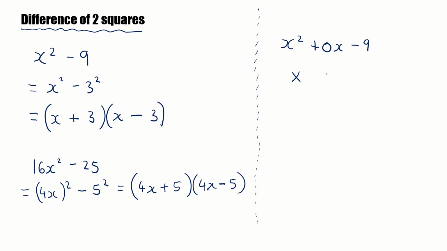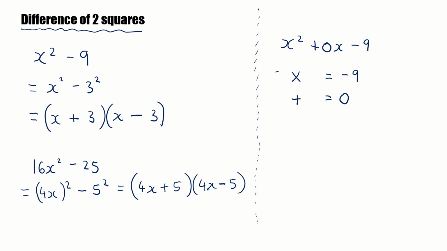You're looking for two numbers that multiply together to make minus 9. You're looking for two numbers that add together to make 0. Now, if you're looking for two numbers to add together to make 0, you know they are the same number as each other, but just one of them's got a plus in front of it, the other's got a minus in front of it. And then we're thinking, okay, those two numbers also have to multiply together to make minus 9.